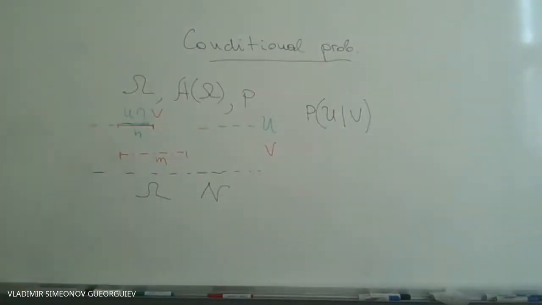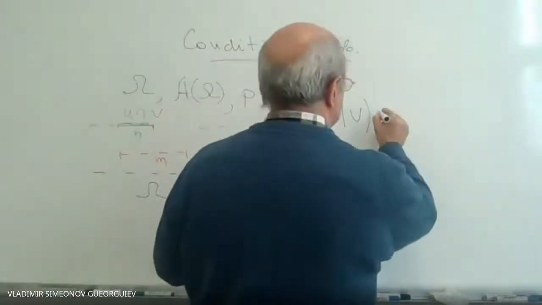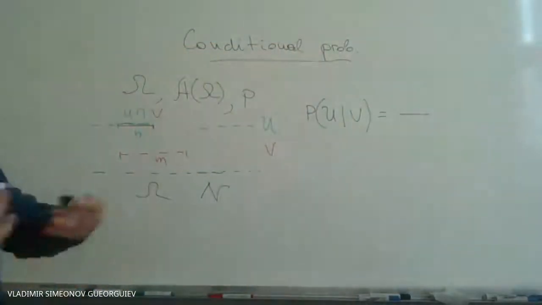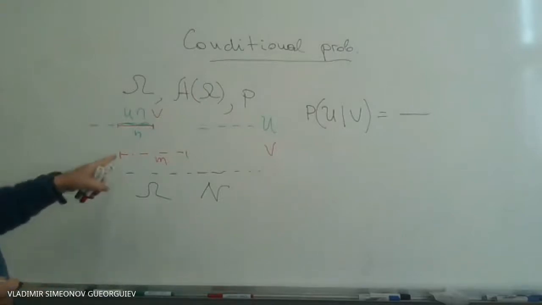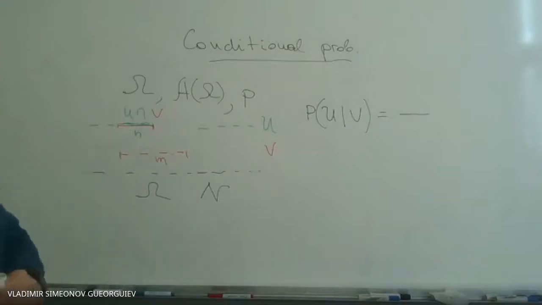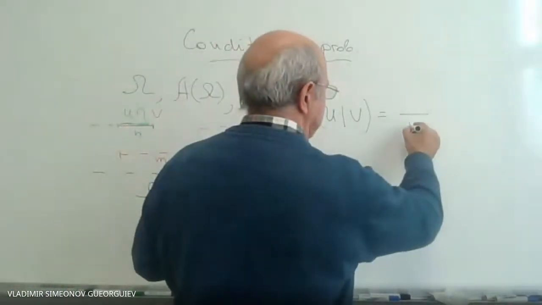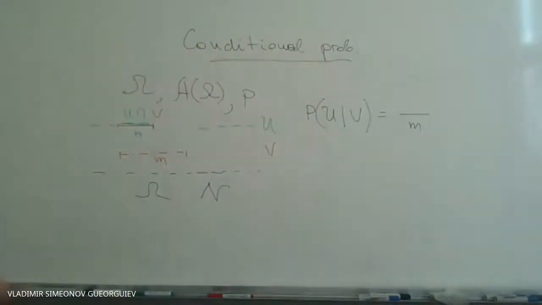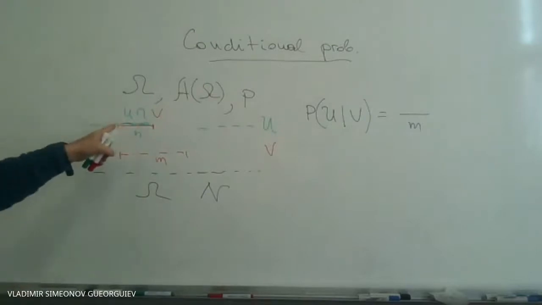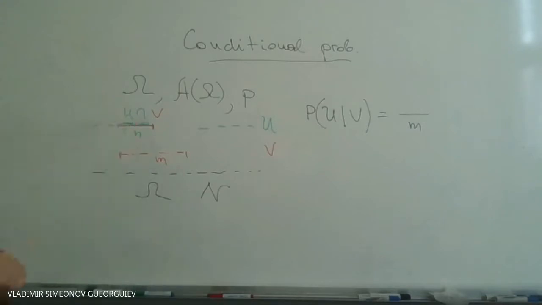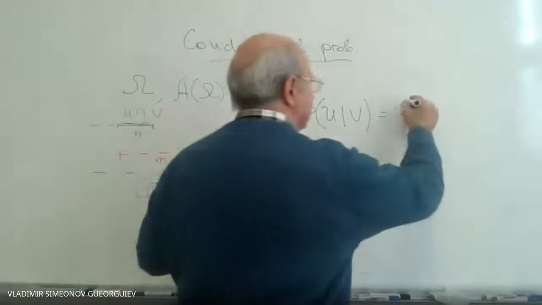If we see what all the possibilities are, for us all possibilities are, when we have an equidistributional probability space, we shall have to count how many elements of V we have. So this is M, all possible choices that V will happen, but among these, the case when U happens also is measured by this number n.